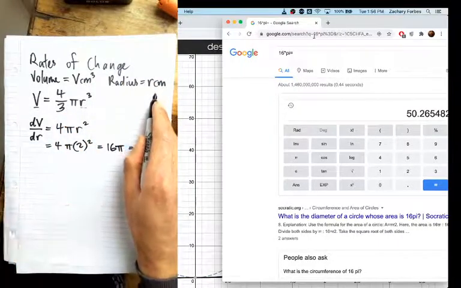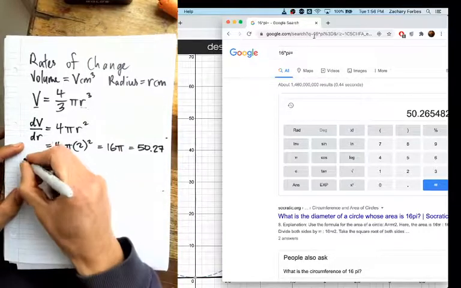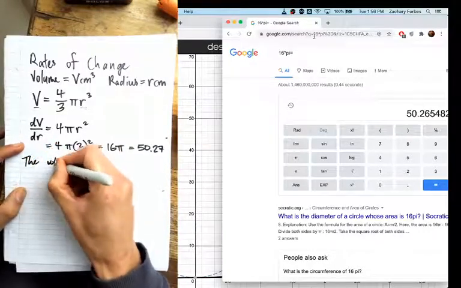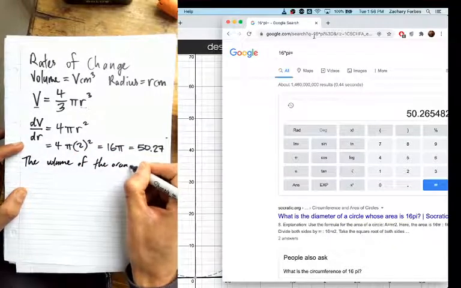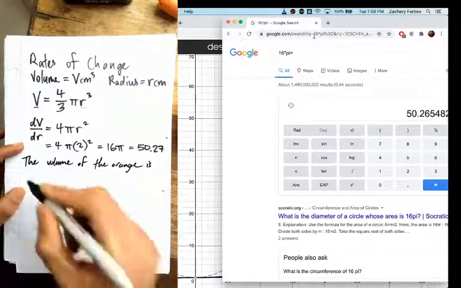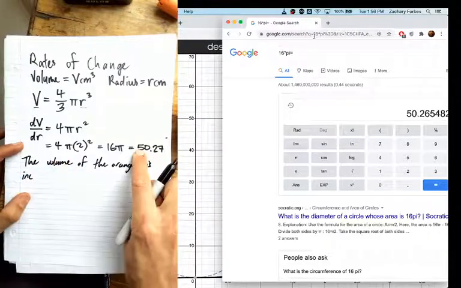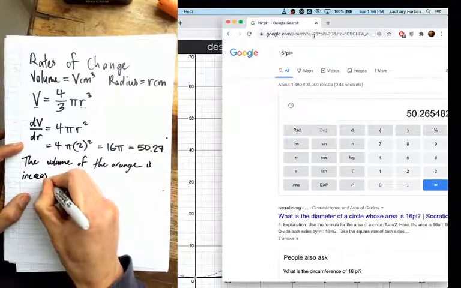So let's write a sentence here. So the volume of the orange is increasing, because that number is positive. So we're going to write increasing. If it was a negative, you would put decreasing.